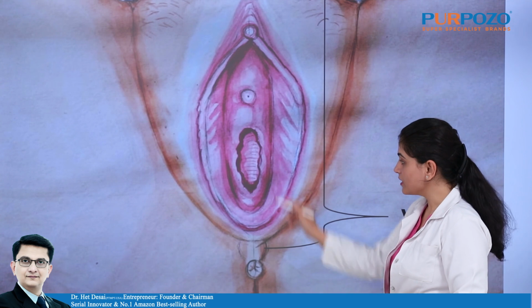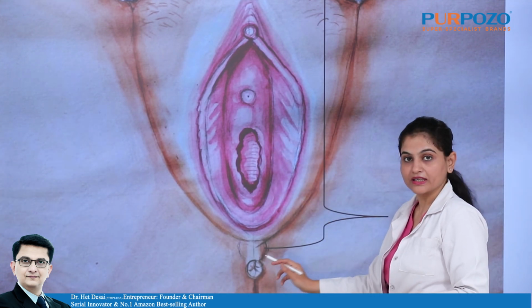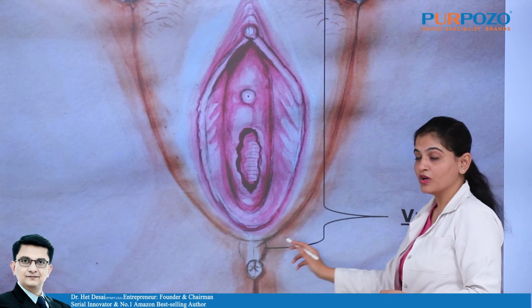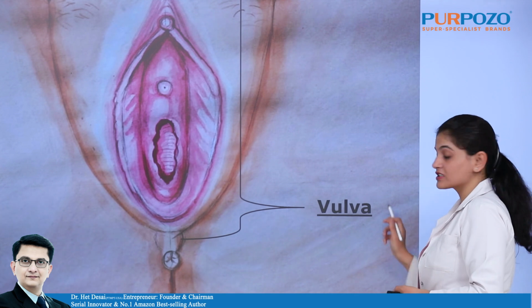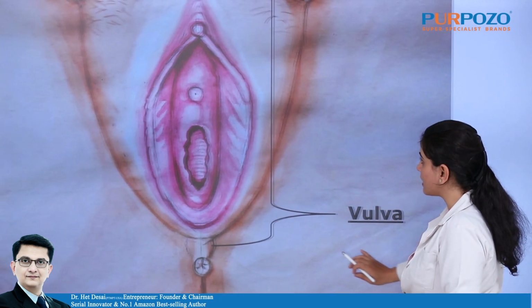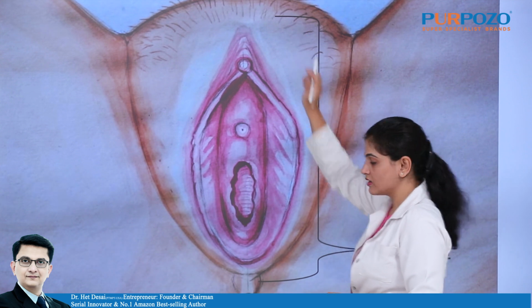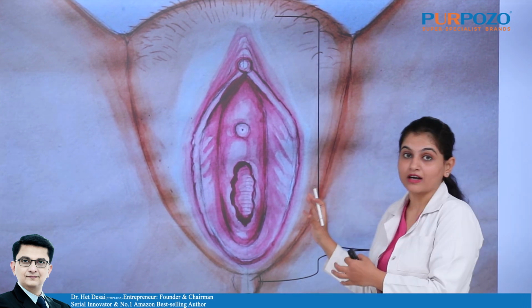The area between your vaginal opening and your anal opening is the perineal body. So, when we talk about the term vulva, we are talking about the area from the Mons Pubis till the perineal body.